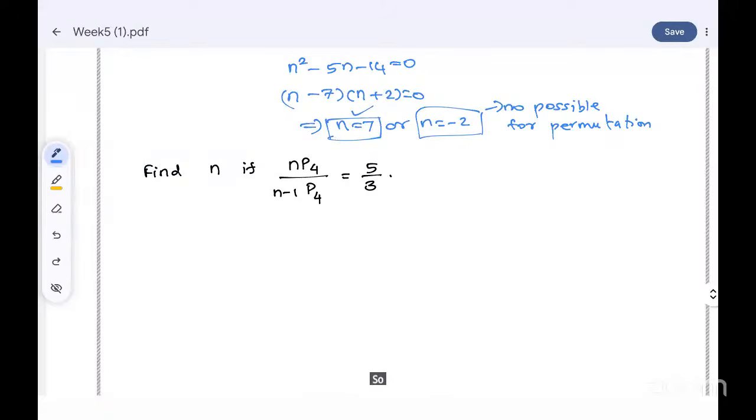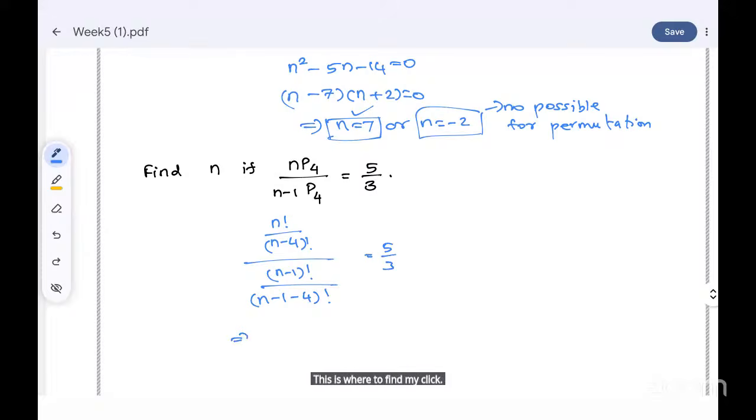So here you have n factorial by n minus 4 factorial divided by n minus 1 factorial by n minus 1 minus 4 factorial is equal to 5 by 3. Now, the numerator n factorial is there.